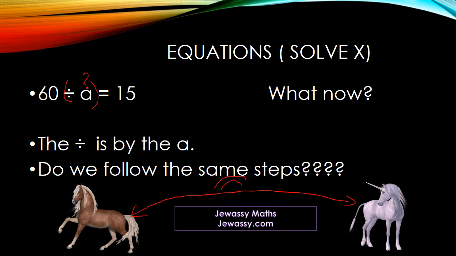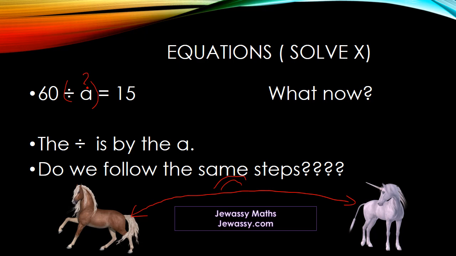So in fact, what happens here is we have to move both of these variables. So the 15 must come over, and the a must go under.